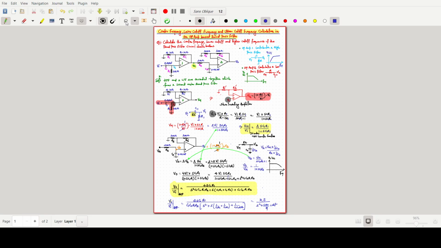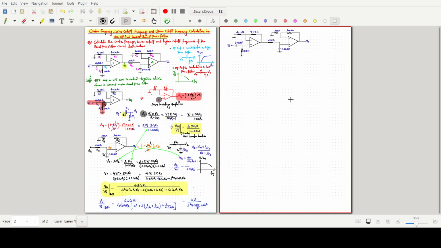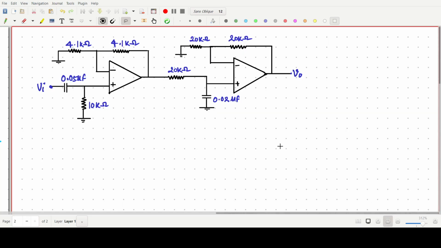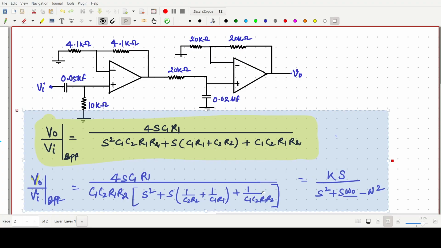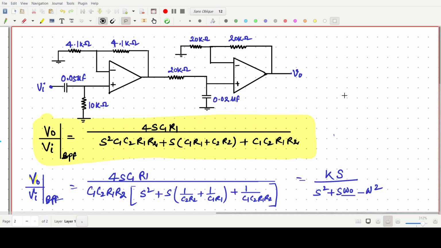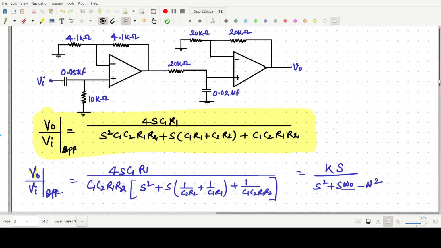Actually I have to select the value that we have found like this. Now I have to write omega naught by Q plus omega naught square.